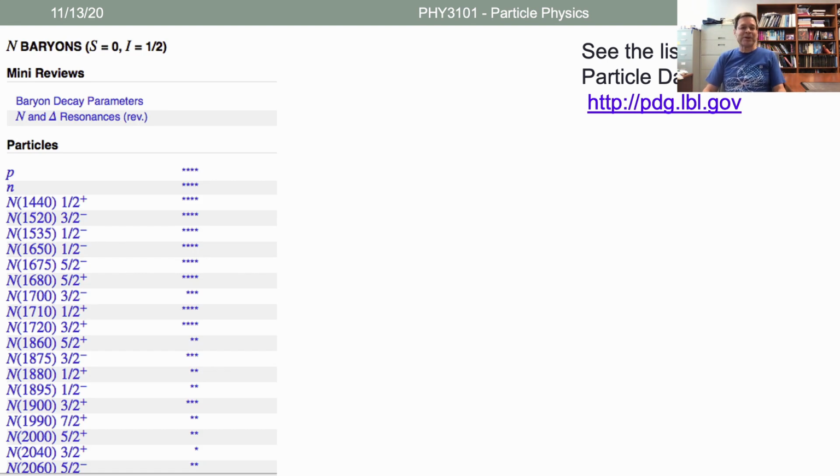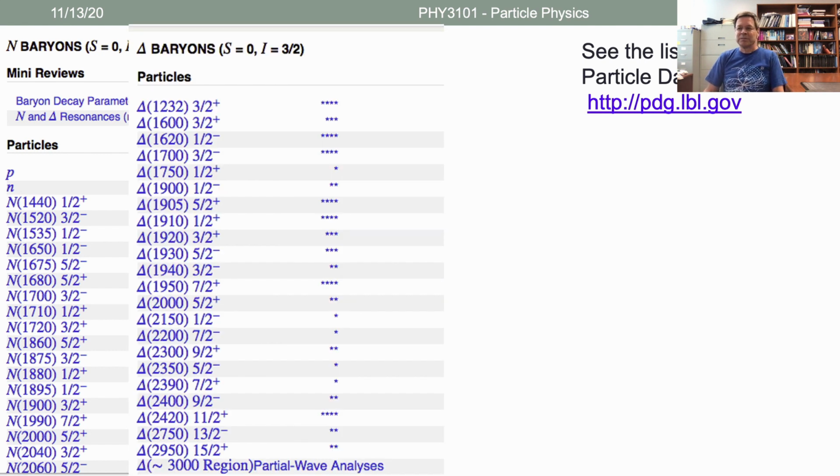But that's still not all. There are particles like the nucleons, the proton and the neutron, which form the lowest mass versions. But they too have excited states, or at least there are higher mass versions of them, which we'll just give by the letter N and their approximate mass. But there are also delta baryons.